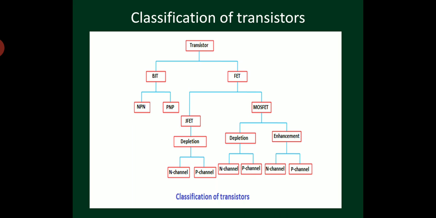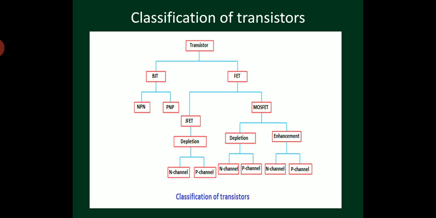Basically, transistors are divided into the uni-junction transistor, which is not shown here, the bipolar junction transistor, and field effect transistors. UJT means uni-junction transistor, BJT means bipolar junction transistor, and FET means field effect transistor.